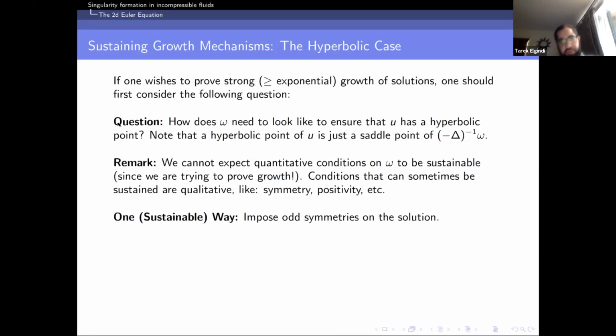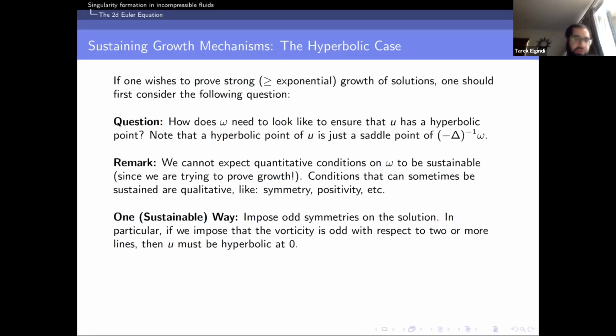One way that people have discovered is to impose some symmetries on the solution. In particular, if you assume that the vorticity is odd with respect to two or more lines, then the velocity generically has to be hyperbolic at zero. You can think about this as the saddle point issue. If you have many maxima and minima, which is what's forced by having this odd symmetry, then you have to have a saddle point in the middle somewhere.